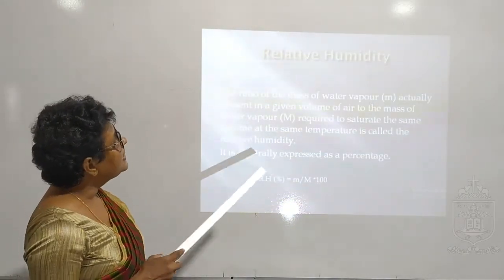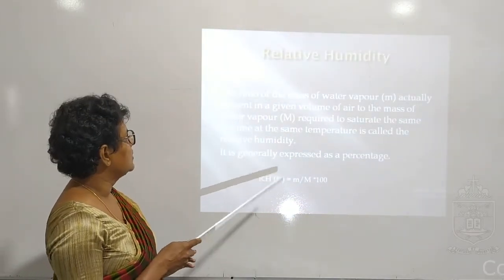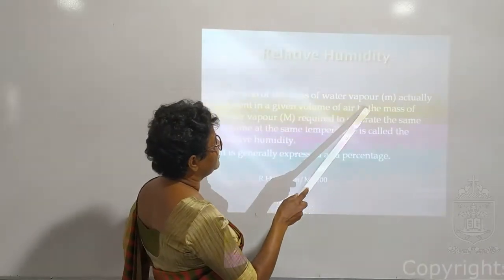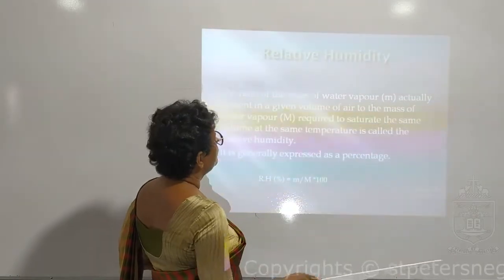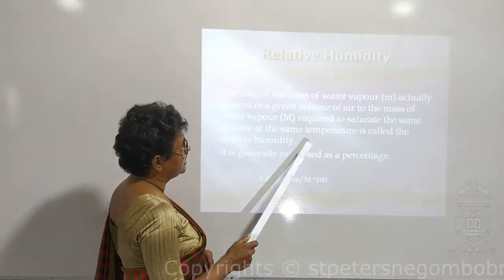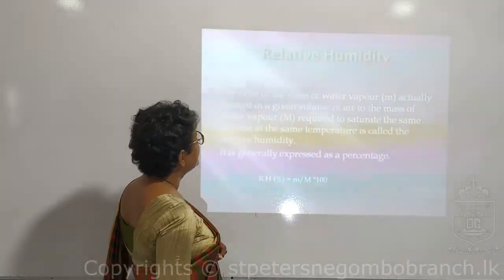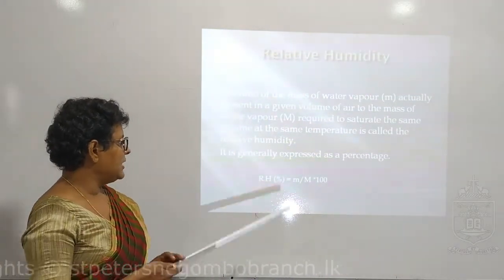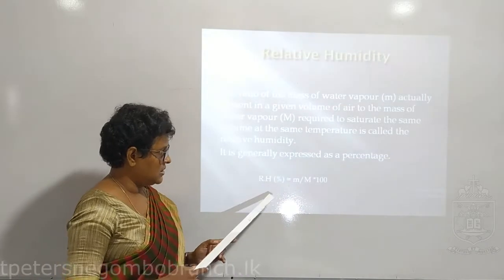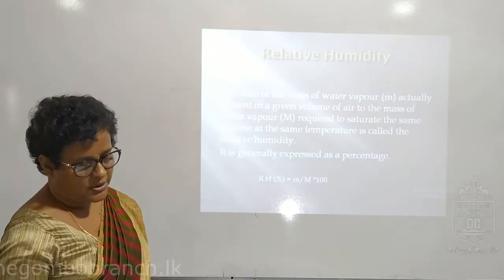You can define the relative humidity this way also. The ratio of the mass of water vapor, small m, actually present in a given volume of air to the mass of water vapor, capital M, required to saturate the same volume at the same temperature is called the relative humidity. It is generally expressed as a percentage, when multiplied by 100.